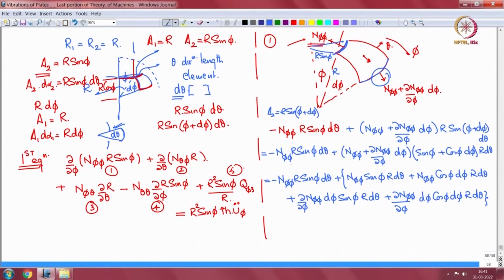Now this term and this term will cancel out, so we take them out. Here we have a differential d phi, a differential d theta. Here we have a differential d phi, a differential d theta. Here we have a differential d phi, another differential d phi, another differential d theta. So we will ignore this term as it's one order smaller.